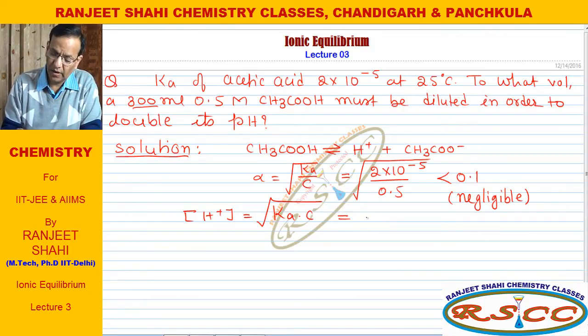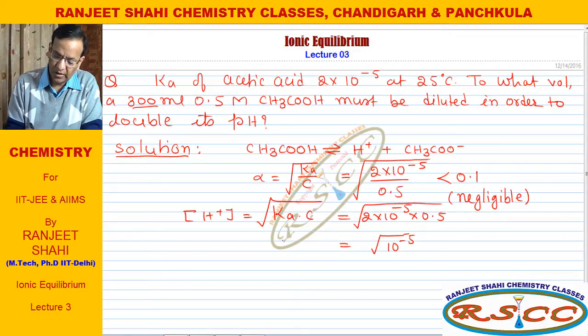So it will be Ka, 2 into 10 raised to the power minus 5, into C, 0.5, and whole is under root. So 2 into 0.5 is 1, so root under 10 raised to the power minus 5. That is the concentration of hydrogen ion of the original solution.